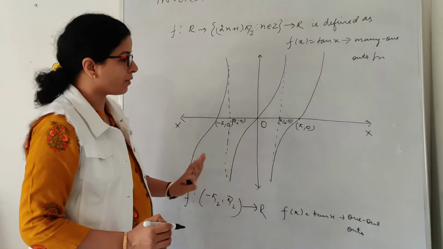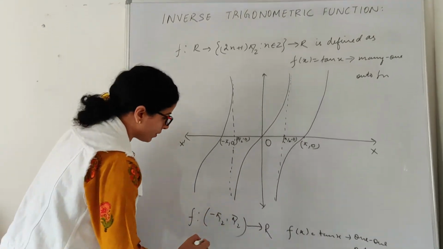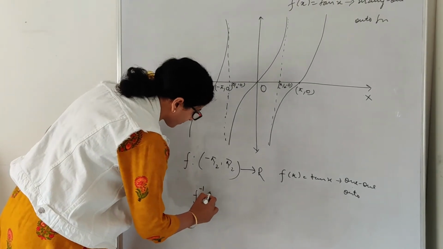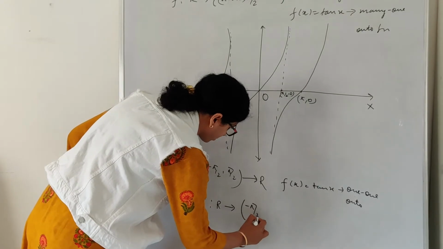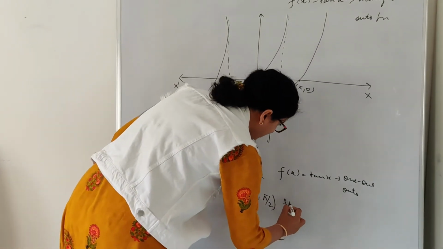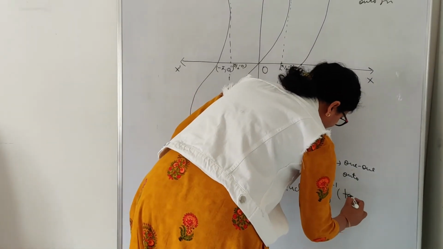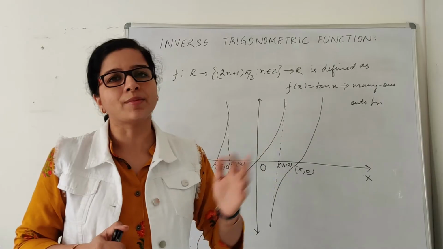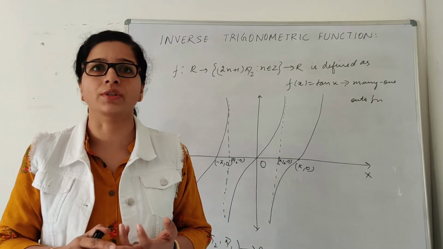Whenever it is one-one onto, we can define the inverse function. So what will be my inverse function? f inverse from R to minus pi by 2 to pi by 2, such that f inverse of tan x equals x. Similarly, we can find out for secant inverse, cosecant inverse and cot inverse.